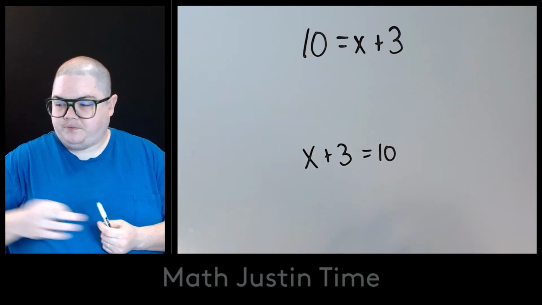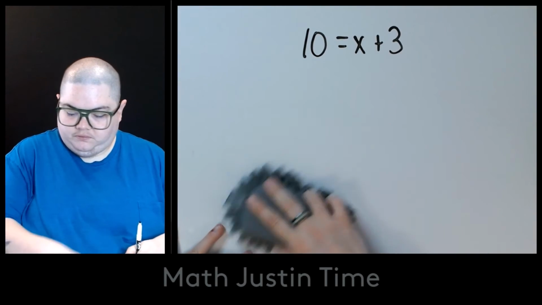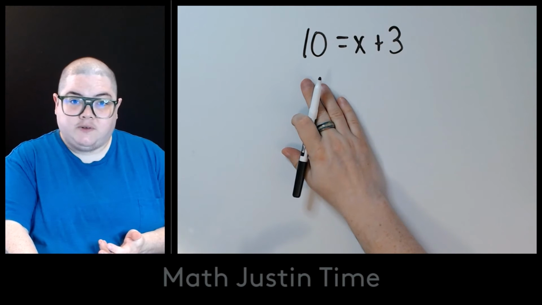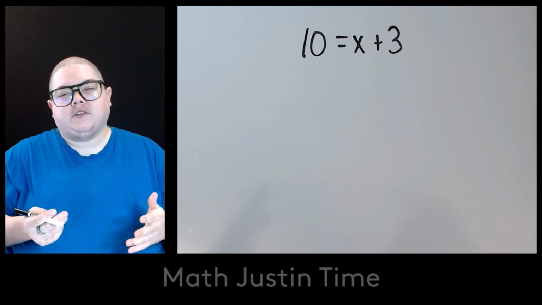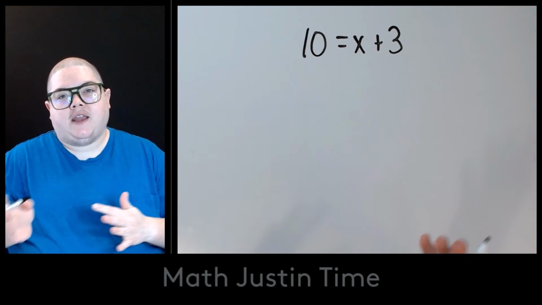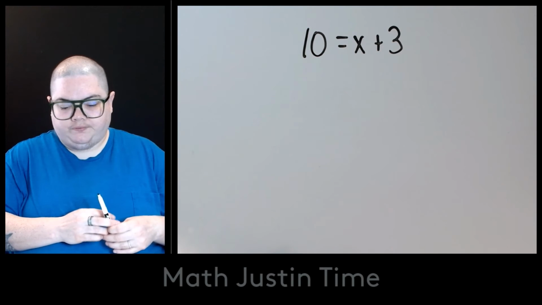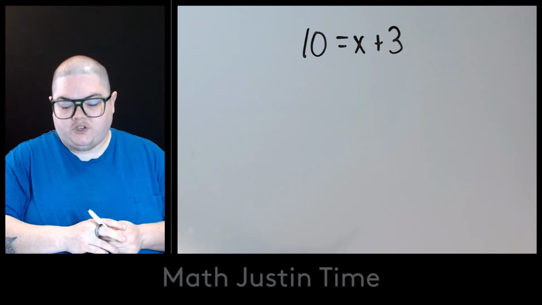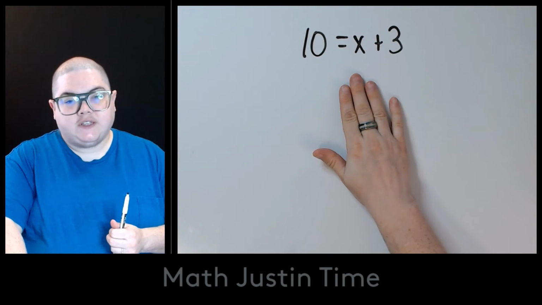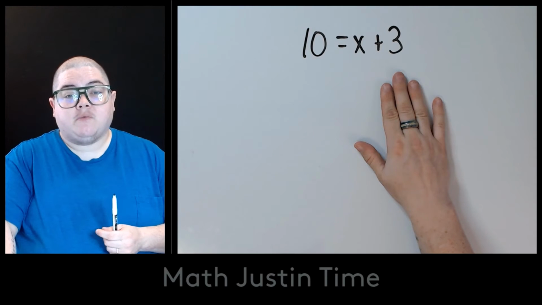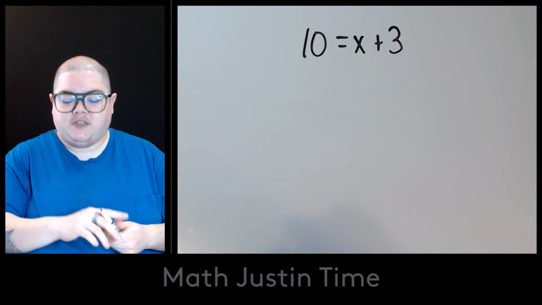Let's check it out. So if we have 10, well, we can't do anything with that. What we're wanting to do is get x on one side and all the numbers on the other side. So, well, we're not going to do anything with the 10 just yet. But we do have on this side x plus 3. So if we're adding 3, remember we're going to subtract 3 in order to get it to cancel out.